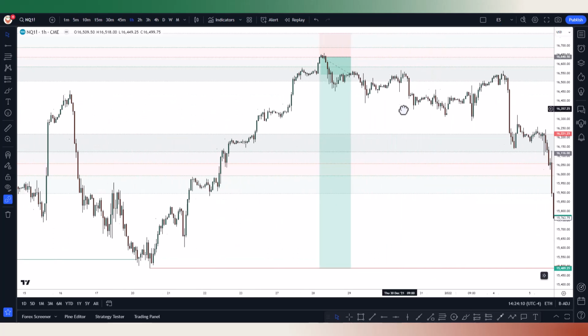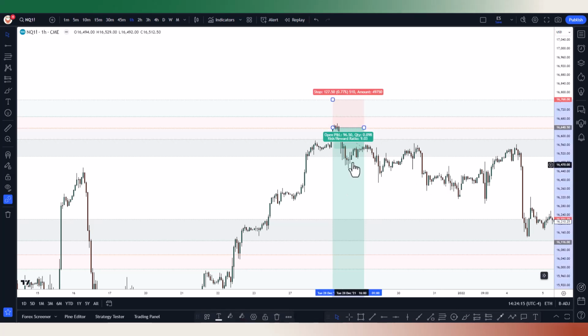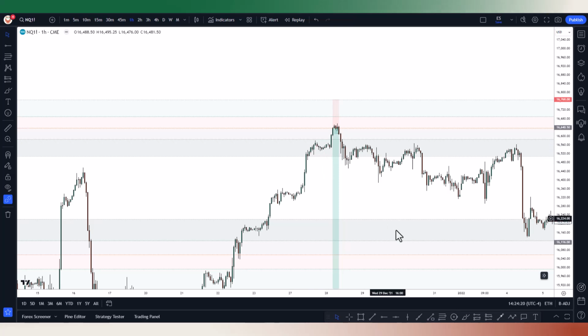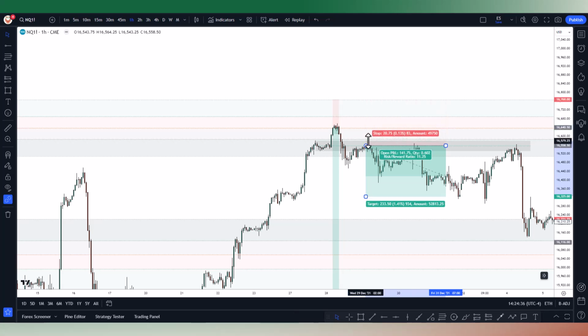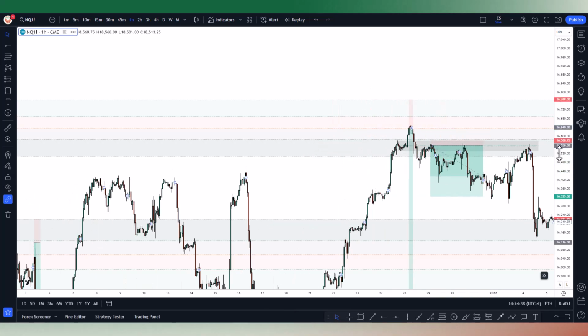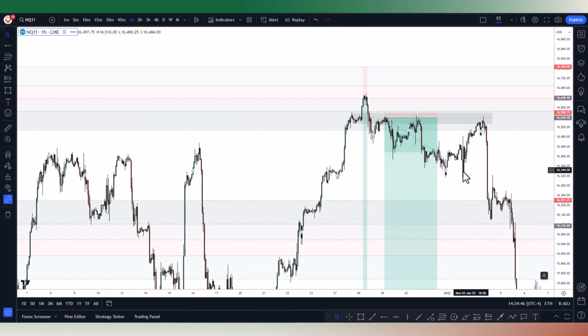Or you want to wait for another confirmation, and in this case I'm going to use a lower time frame flip zone, which is this one from here to here, and you can enter with lower risk trading till here, and this is a huge risk to reward.